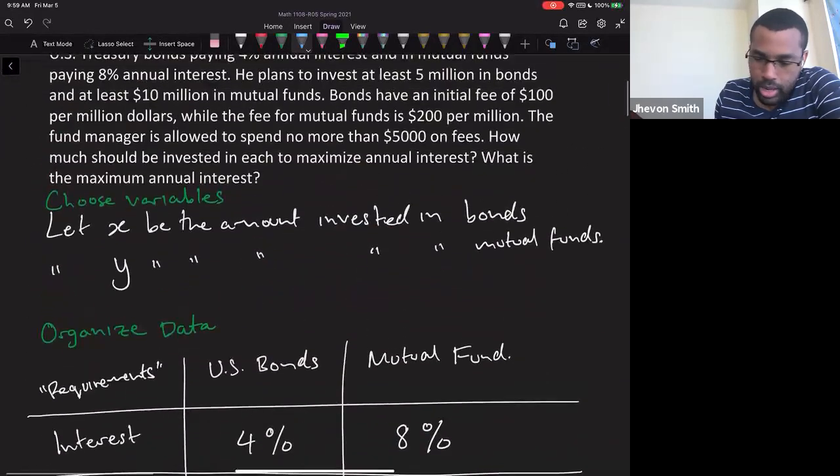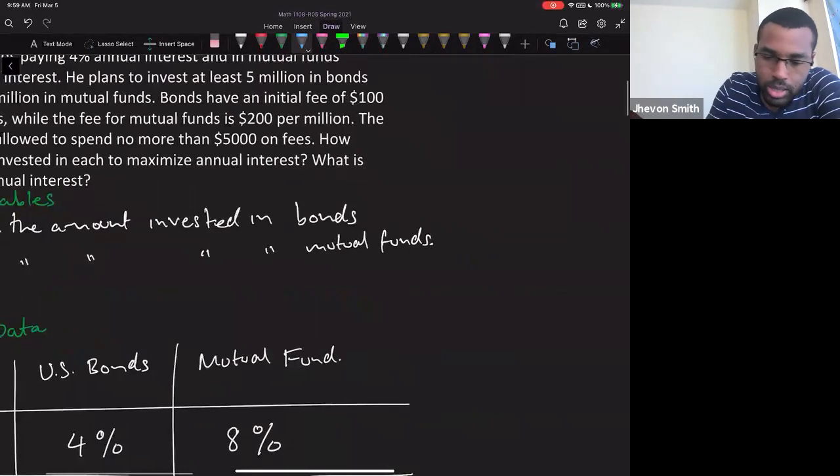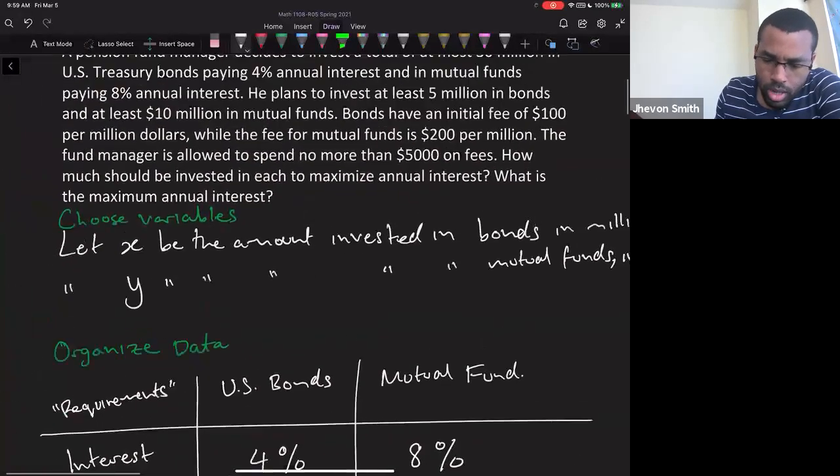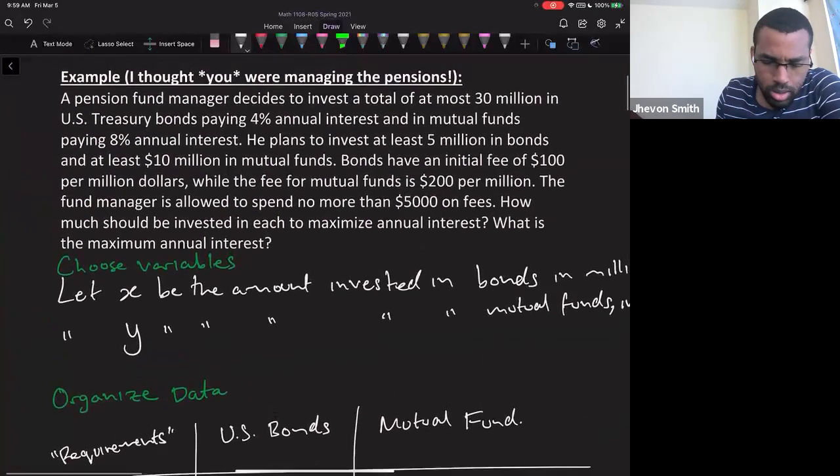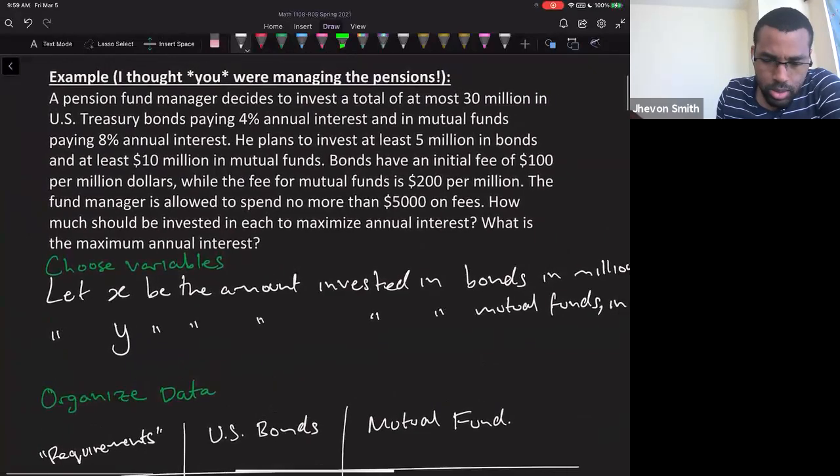So let X and Y be the investment in bonds and mutual funds, in units of millions. Is that all our stuff?